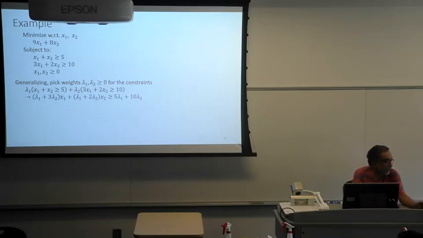I just took all the terms containing x1 here. So lambda 1 plus 3 lambda 2 times x1 plus this x2 greater than or equal to 5 lambda 1 plus 10 lambda 2. This is lambda 1 times 5 and then lambda 2 times 10. As long as lambda 1 and lambda 2 are greater than or equal to 0, that you know.